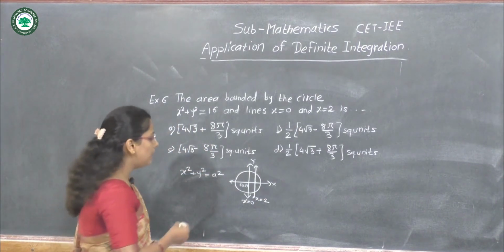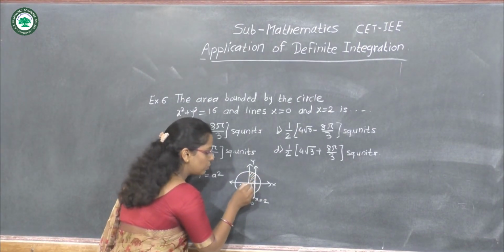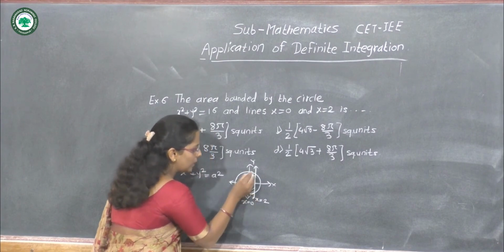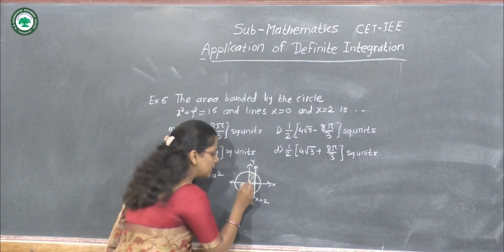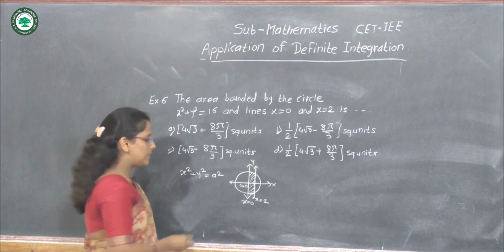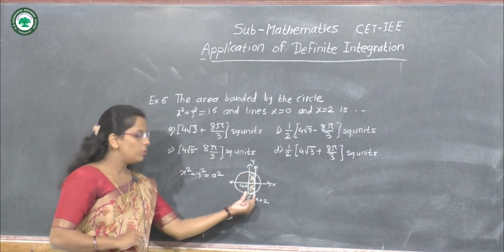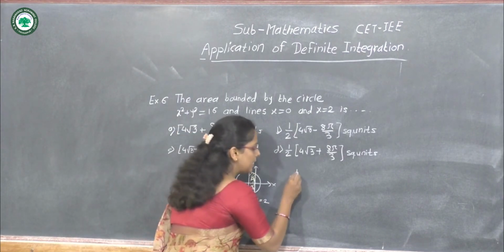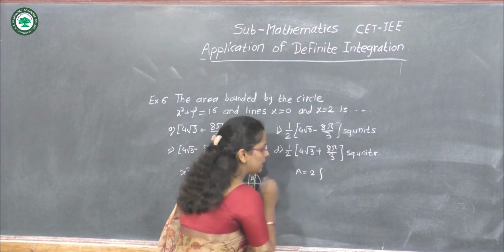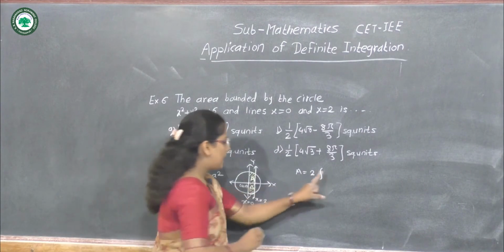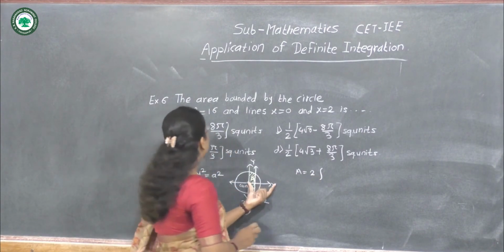Now we have to find the area between these two lines and the circular curve. For this, by observation we can write that there are 2 times area, is 2 times integration, and this is from x axis.